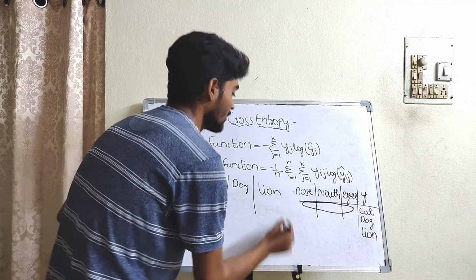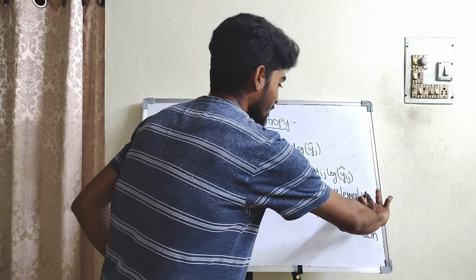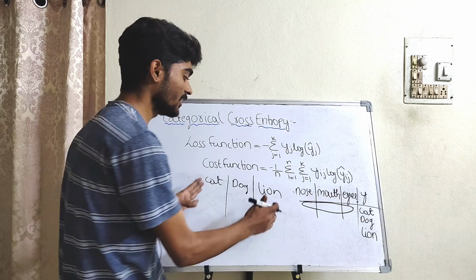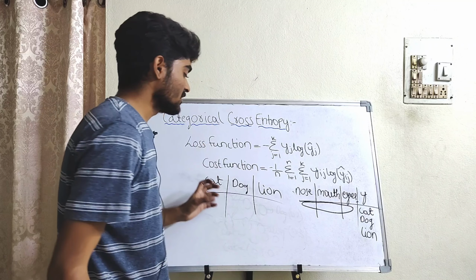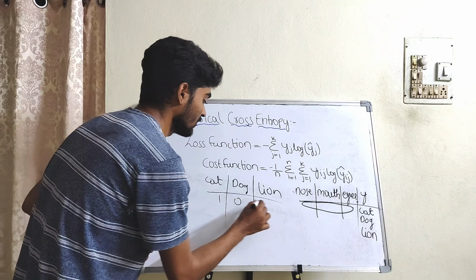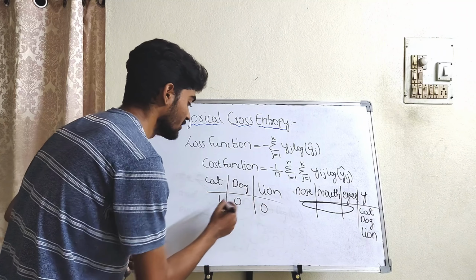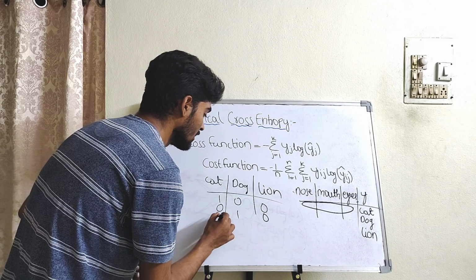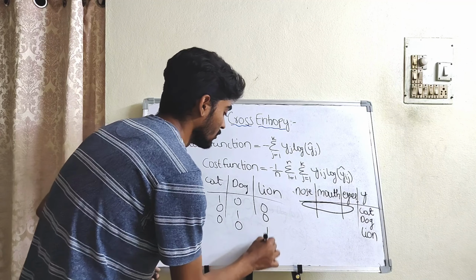In this way we have transformed our target column into three different classes, and each class will have a value. Let's say cat is represented by 100, dog by 010, and lion by 001.